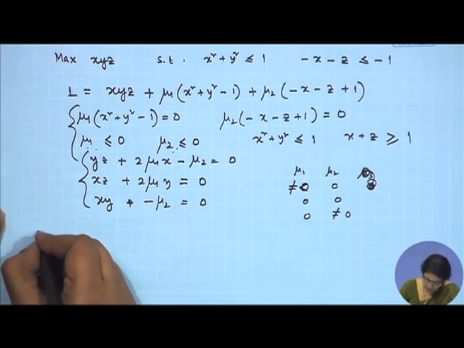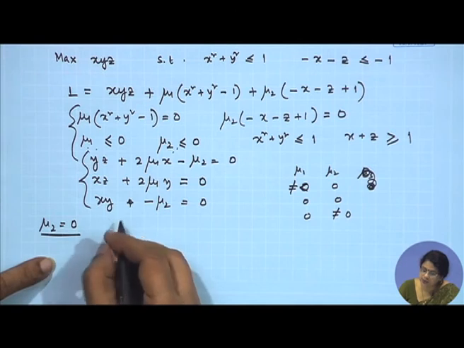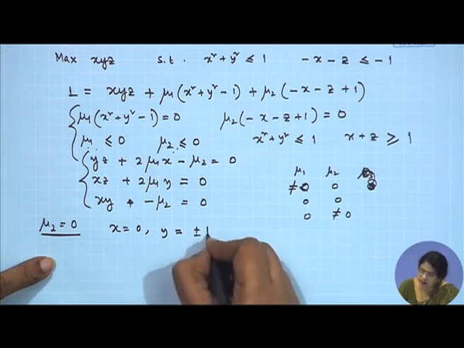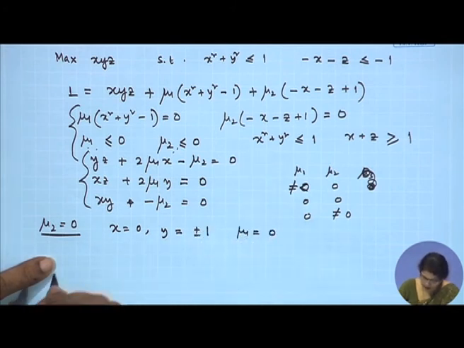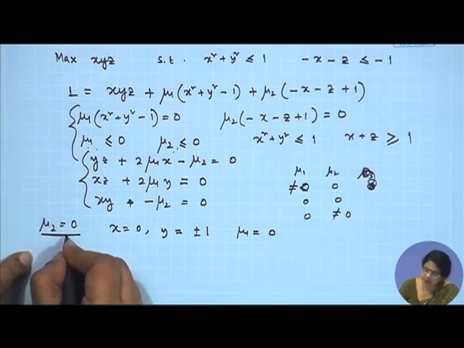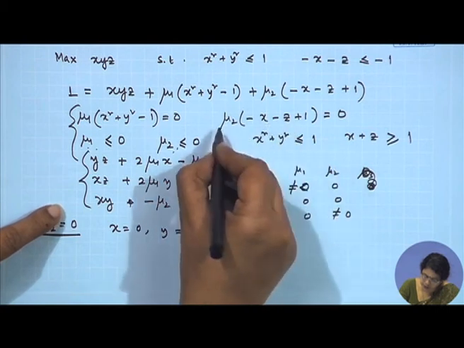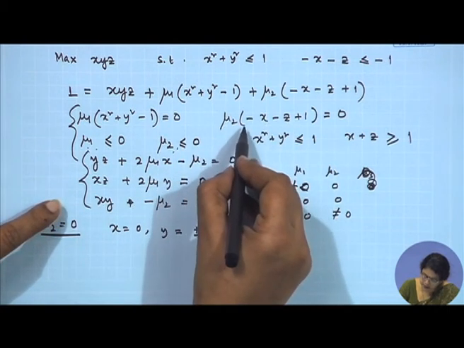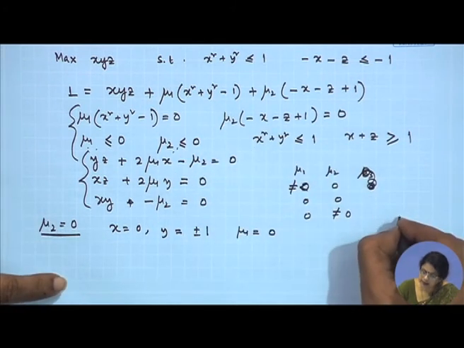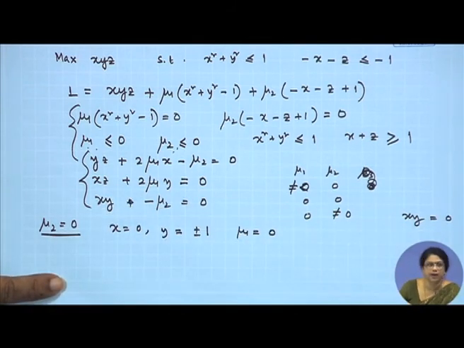If we solve with mu 2 equal to 0 and mu 1 not 0, we get the solution x equal to 0, y equal to plus minus 1 and mu 1 equal to 0. Just to check whether this is a KKT point or not: if mu 2 is equal to 0, then we get xy equal to 0.